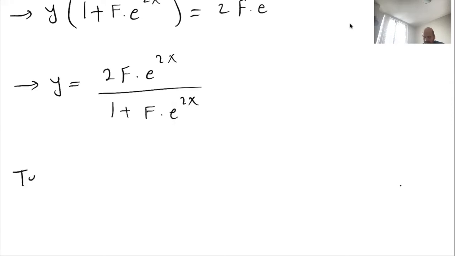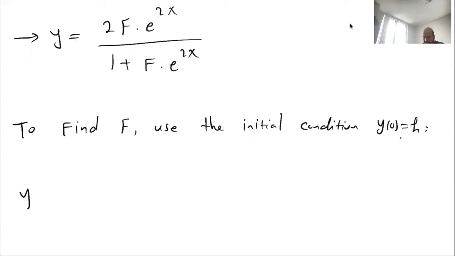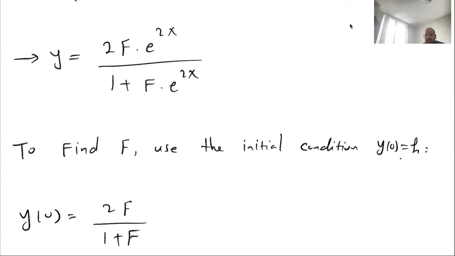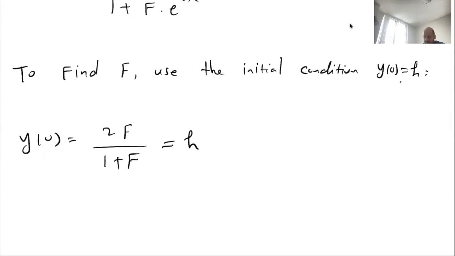And to find f, use the initial condition. Y of 0 equals h. Y of 0 will be 2f divided by 1 plus f. If I replace x with 0, y of 0 will be 2f over 1 plus f, and this is supposed to be h. Now we can easily find f from this equation in terms of h.